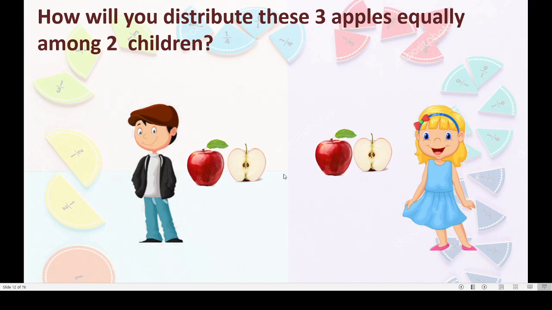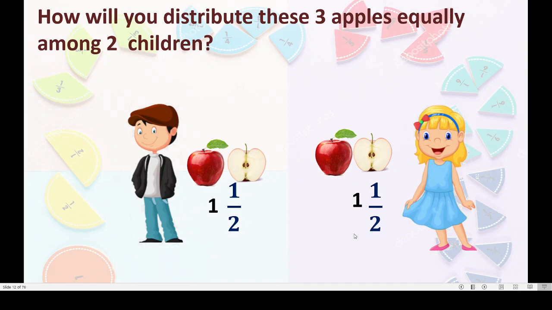Okay, how much did he get? He got one full and a half. She also got one full and one half. Isn't it? Like this portion they got. Now you can see here one and a half. Here also one full and a half.